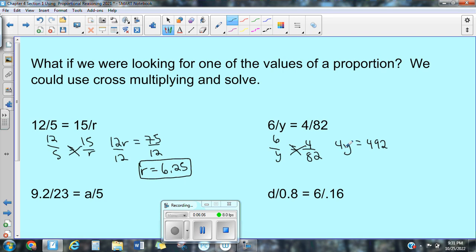Again, like on the previous problem, 4 and y are tied together by multiplication. So to undo multiplication, we need to divide in order to get y by itself. So 492 divided by 4 gives us a value of y equaling 123.